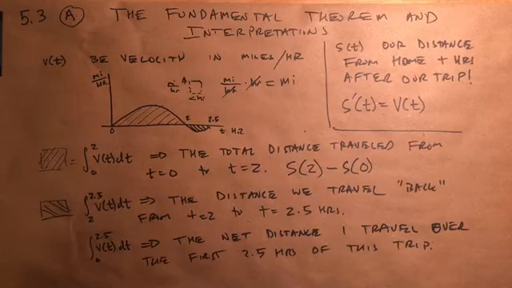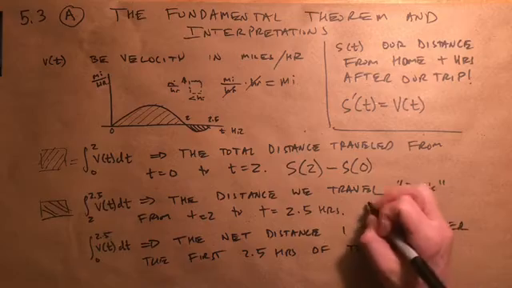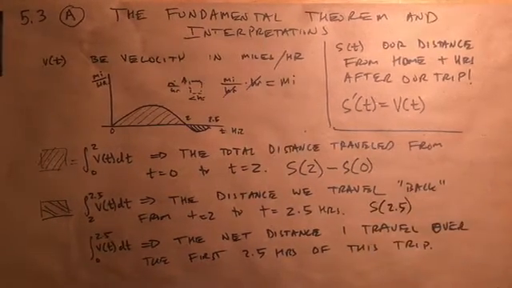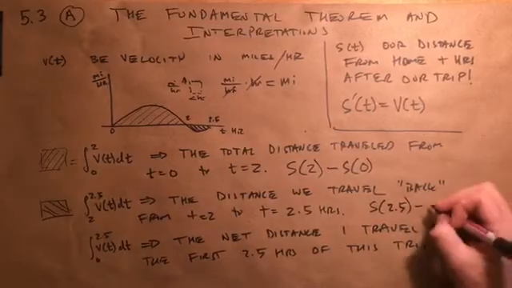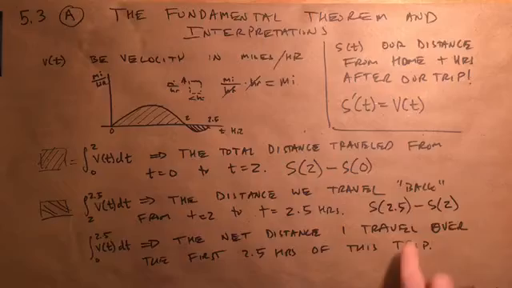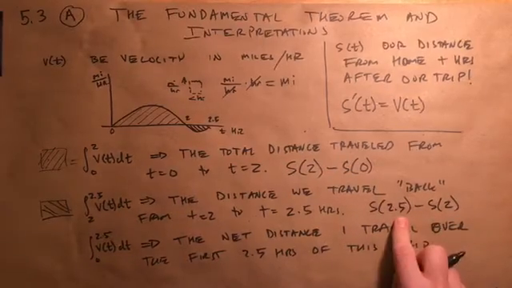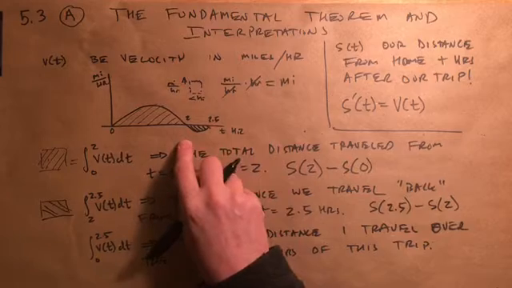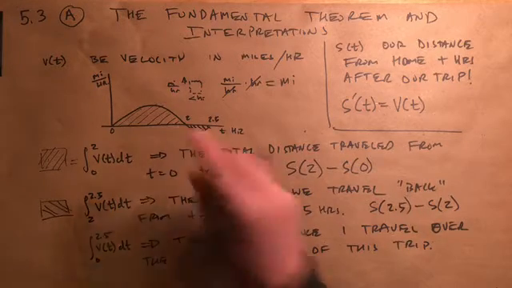What about this one? The distance we've traveled back from t equals 2 to t equals 2.5. I think we can do that as well. That I've had some distance at 2.5 hours, and I'm going to subtract from that the distance that we had at 2 hours. And that should be a negative answer because at 2.5, I'm closer to home than I was when I was at 2 hours.